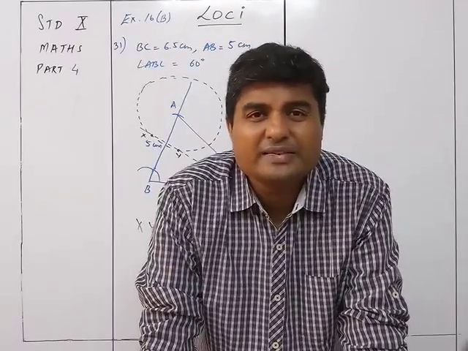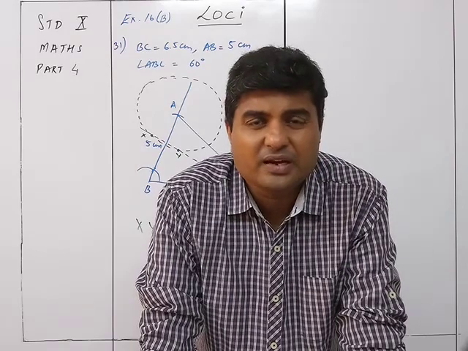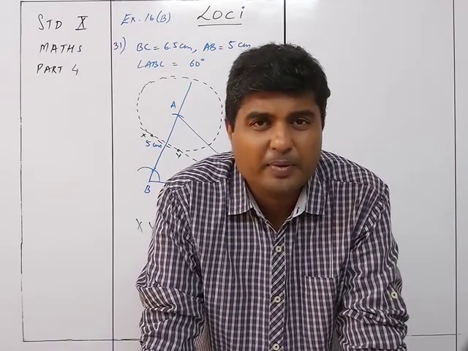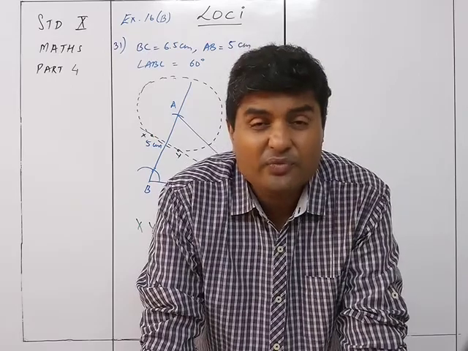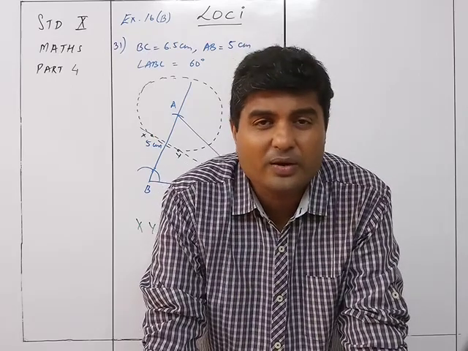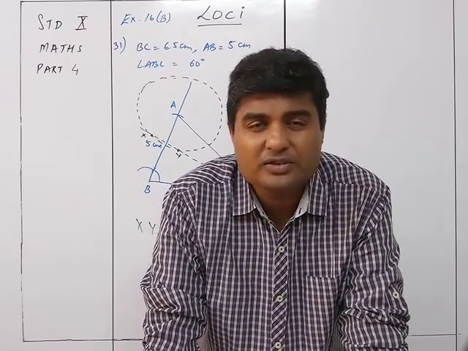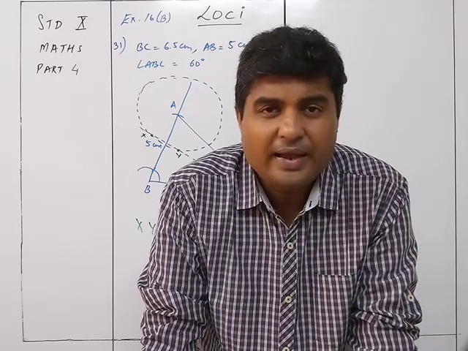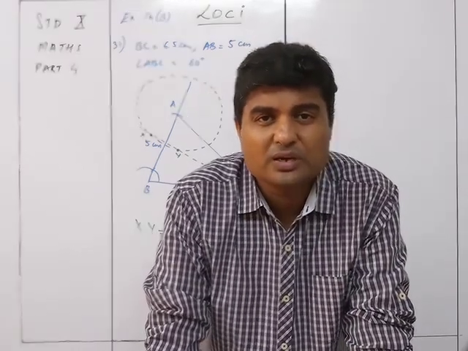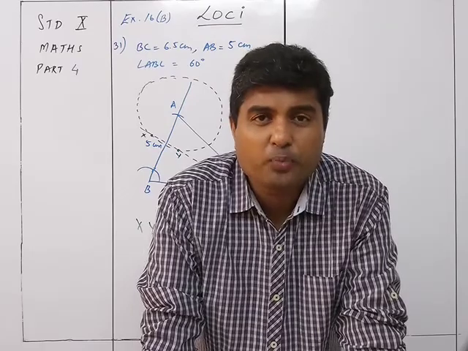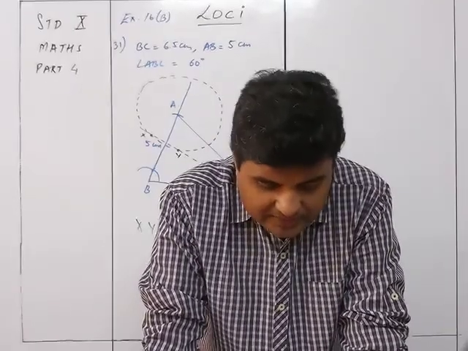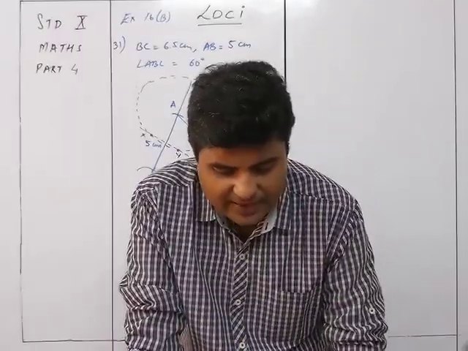Similarly, the perpendicular bisectors of the sides will give you the circumcenter. The perpendicular bisector of each and every side will intersect at only one point, and that point is called the circumcenter. The radius to draw the circumcircle will be the distance between that point and any vertex. So the perpendicular bisectors of the three sides of a triangle are concurrent.